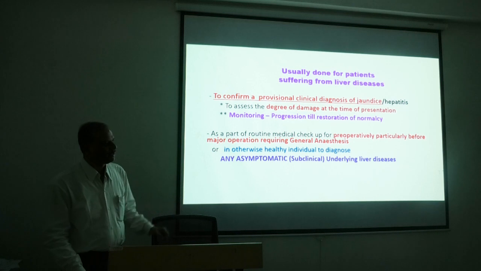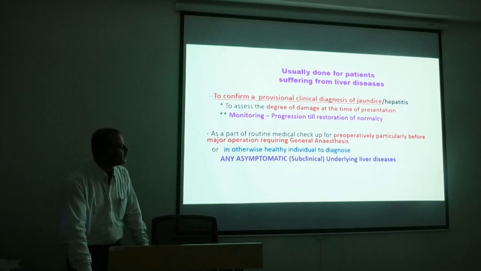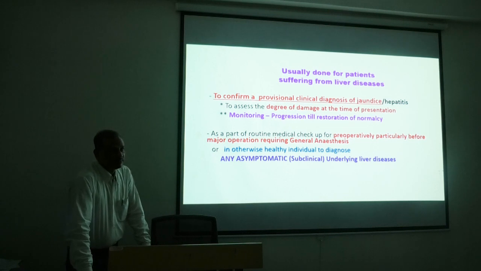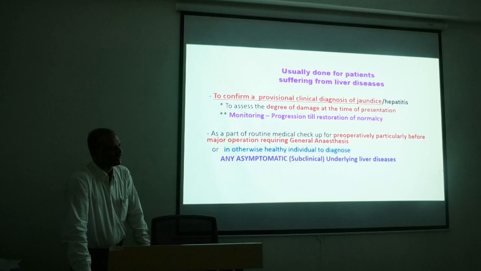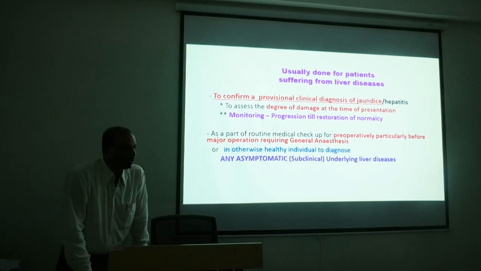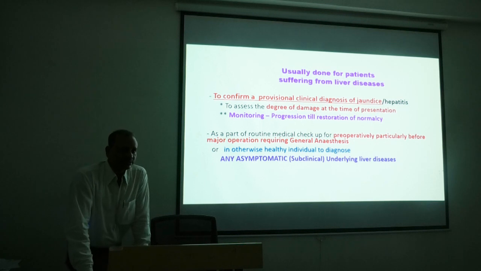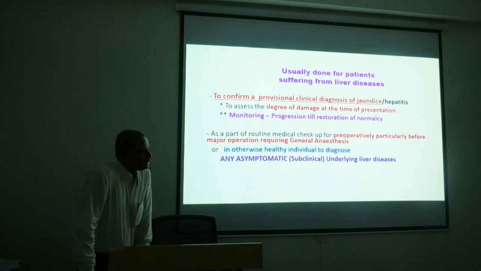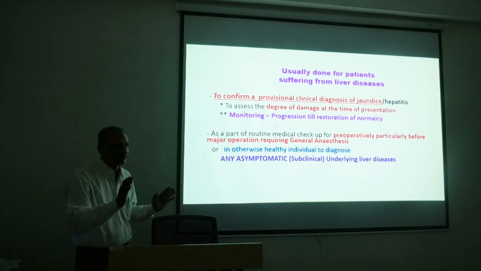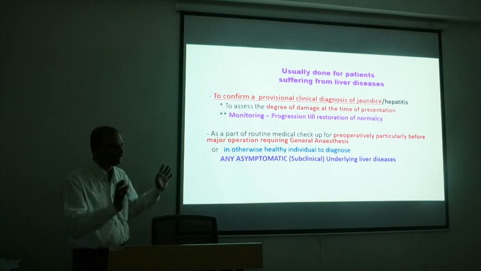Just like that, if a blood test is done in an individual, there are several asymptomatic cases. If the patient doesn't have any symptom, these asymptomatic cases are called subclinical. If they are not presenting with any clinical features, an underlying liver disease is there, but the patient is not aware. So on detection, we find that he has a grossly or mildly abnormal, or some degree of abnormality in the liver tests. Then you go on elaborating further.